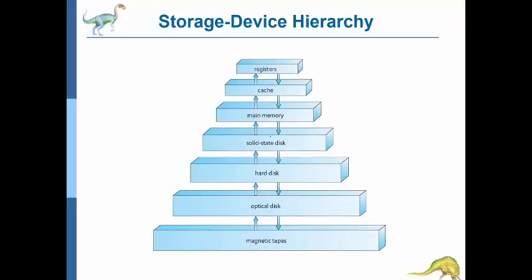Storage device hierarchy. At the bottom is magnetic, and there's optical, hard disk, solid state, main memory, cache. Look at this. I want to explain here. Main memory is your RAM.